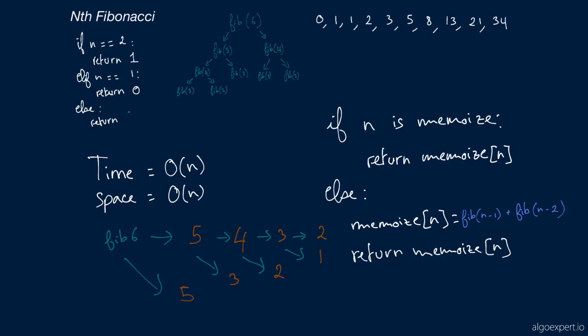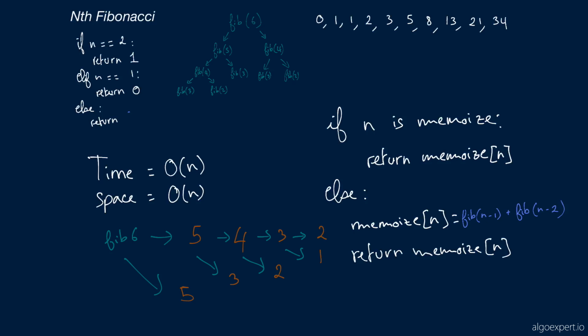So in total, all we're doing is calculating each of the n Fibonacci numbers once, and every second call to the Fibonacci function is just a constant time operation because that value gets stored in the hash table. And so that leads us to a time complexity of O of n time.